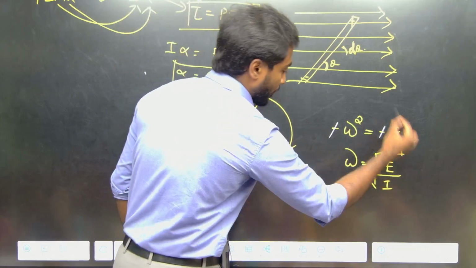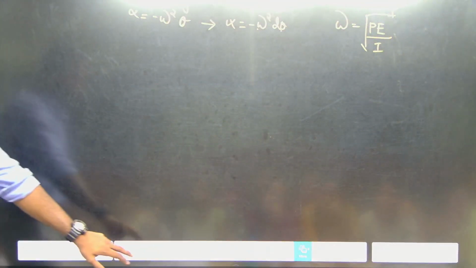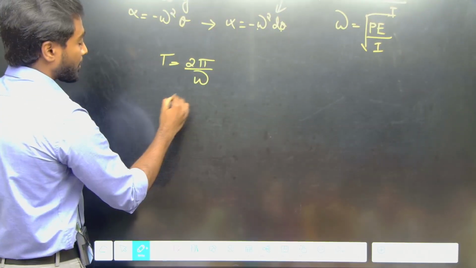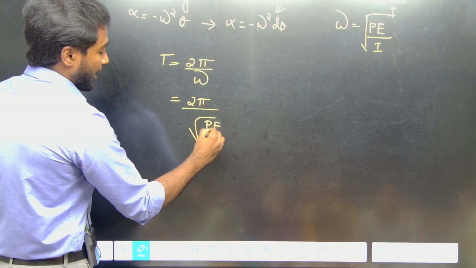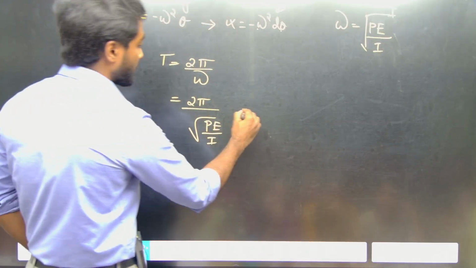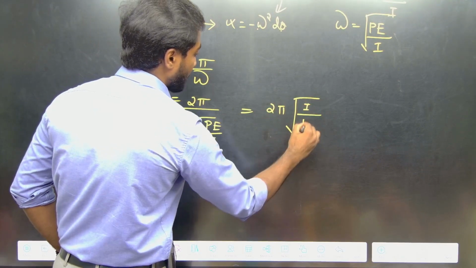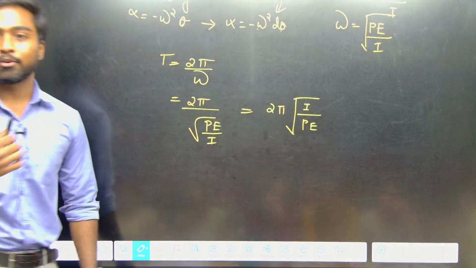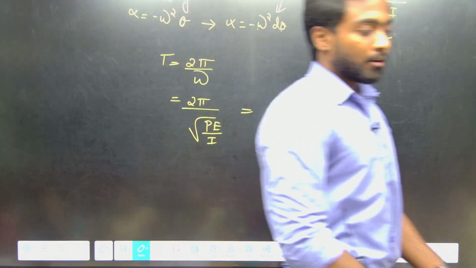Now what is asked is the time period. T is equal to 2 pi by omega. So 2 pi by root over PE by I. Taking this to the numerator, 2 pi root over I by PE. This is my time period formula in terms of dipole and electric field.